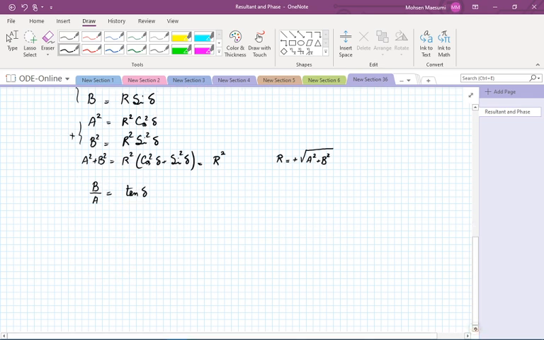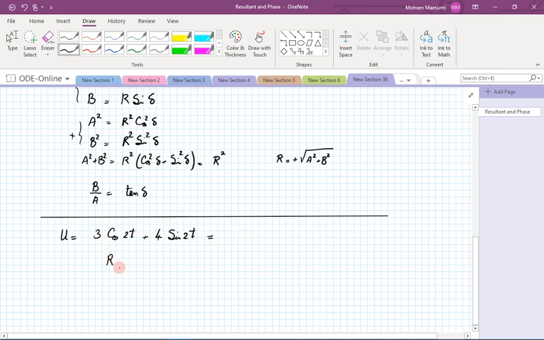Let's go ahead and do a couple of simple examples here. Suppose we have u equal to 3 cosine of 2t plus 4 sine of 2t, just the one that we looked at in decimals. So this becomes r, or maybe we draw a picture first. That would be the best approach.